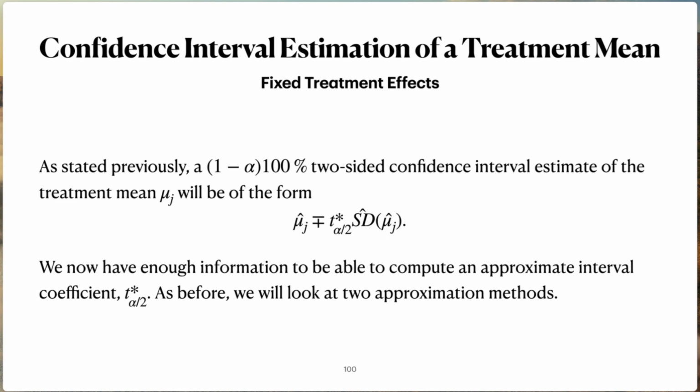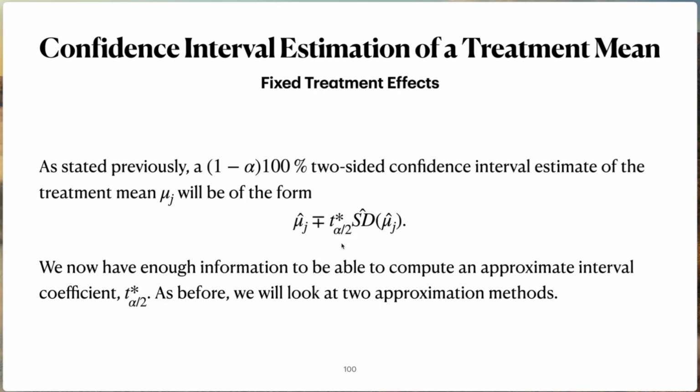Now, as we said when we first started looking at point estimation for the individual treatment means, when we finally get to looking at a two-sided confidence interval estimate for the treatment mean mu sub j, it's going to be of the following form. Mu hat sub j, our point estimator for mu sub j. That's where we start, and then we go a distance to the left and to the right equal to the margin of error.